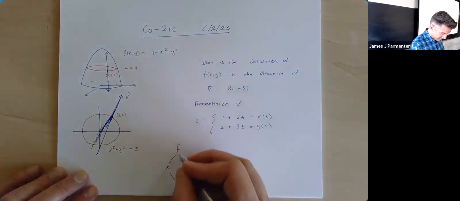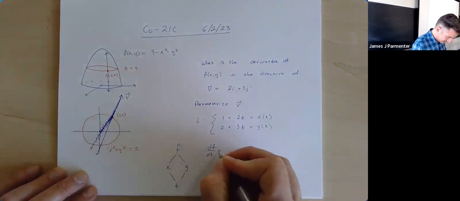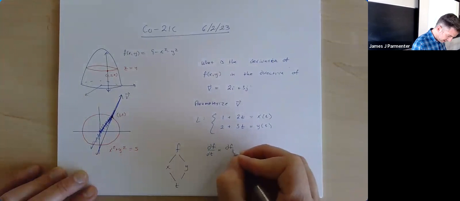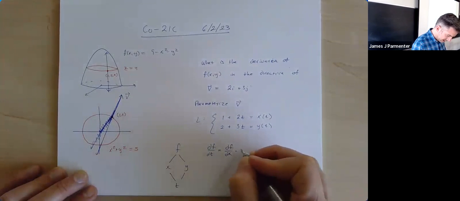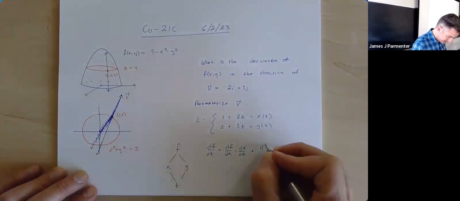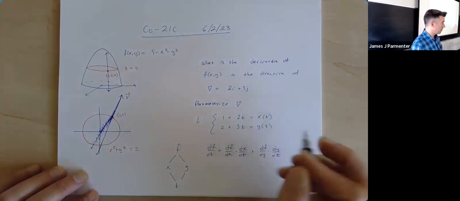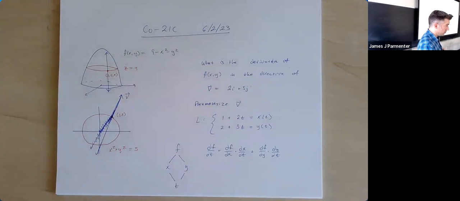So df dt is del f del x times dx dt, plus del f del y times dy dt, just like we were doing last time with the chain rule.